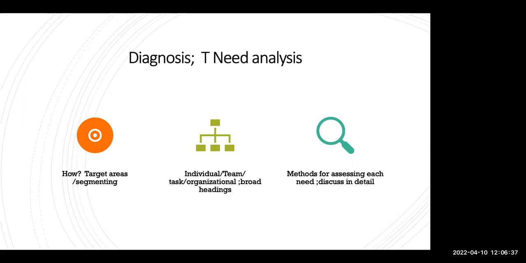Now how will you go about conducting training analysis? What is the task? It could be an individual need, a team need, or a task. Here we are concentrating more on the task. The task is how we can be more customer centric. If I have to be customer centric, what kind of on-the-job and off-the-job training can I do for marketing people, or for production people, or finance people, to make them more customer centric and aware of the customers?